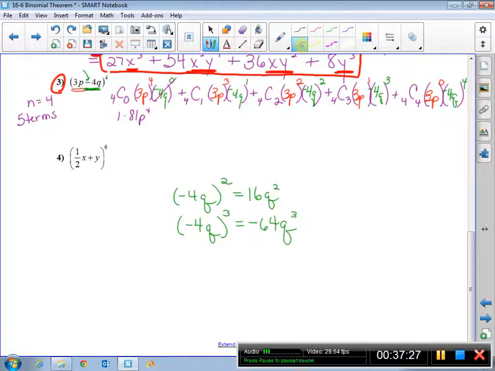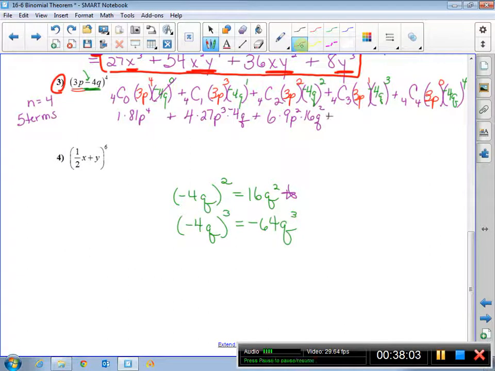That's going to be times 1. 4 choose 1 is 4. 3p all cubed is 27p cubed times negative 4q to the first, which is just negative 4q. 4 choose 2 is 6 times 9p squared times, we did this one right down here, 16q squared.